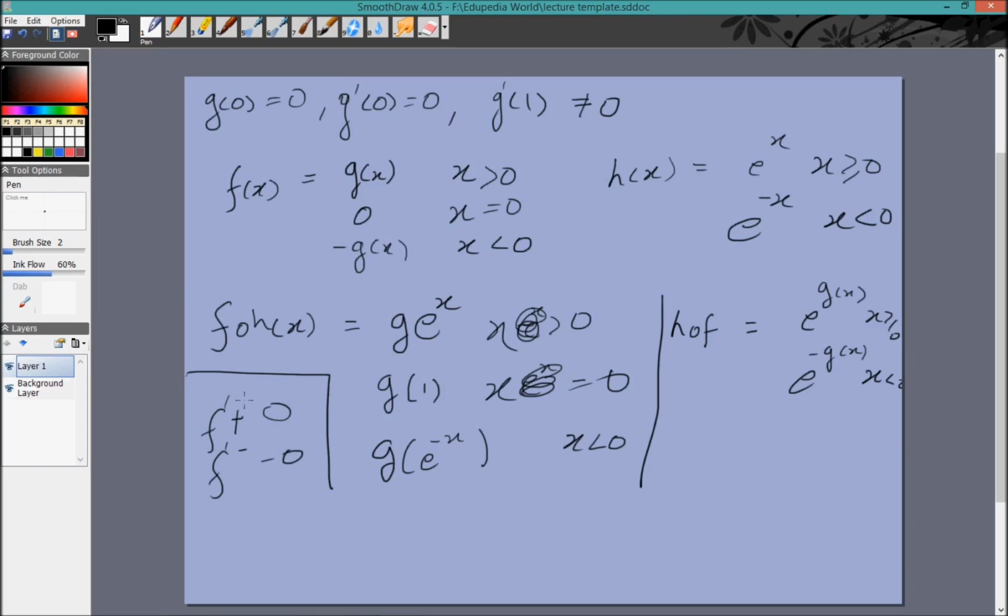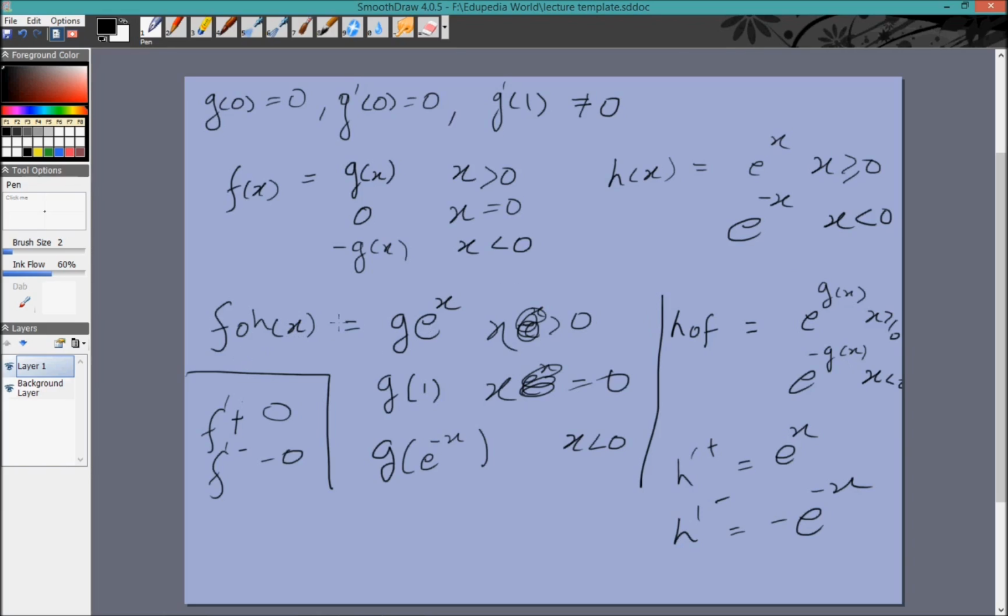That means f is differentiable, right? Then let's look at h. The derivative of h, that is h' plus, will be e to the power x, and h' minus will be minus e to the power minus x. Now as x goes to 0, this goes to 1 and this goes to minus 1. They are not the same. So h is not differentiable. f is differentiable, h is not differentiable.